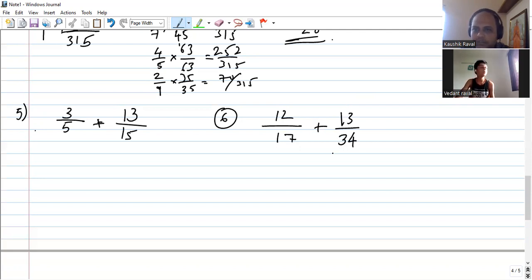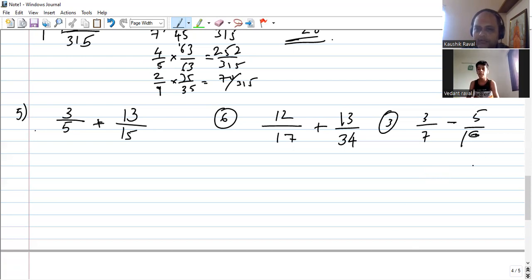Very easy examples. And the third one, you can do subtraction: 3 by 7 minus 5 by 16. Okay, try this. Come on, you try these three.